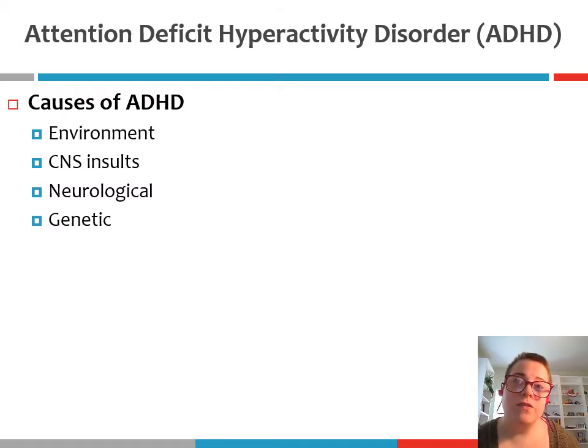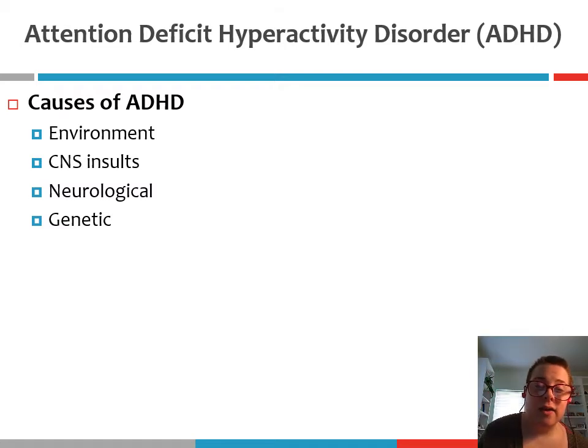There's also a considerable genetic component associated with ADHD. For example, 75% of cases of ADHD seem to have some genetic or heritable component, so much so that if your sibling has ADHD, you're 4 times more likely than someone without a sibling with ADHD to develop the disorder yourself, right?